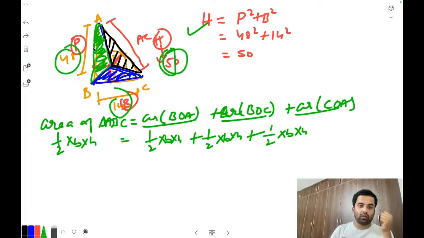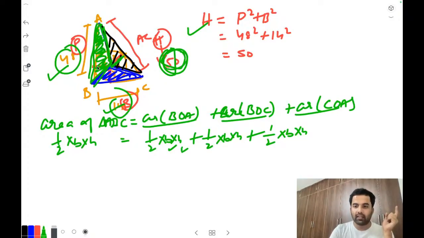For this green triangle, the base value is 48 and the height we kept as 14. Same for this black color triangle: the base will be 50 and the height will be R, this R.